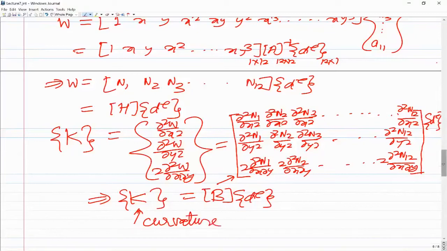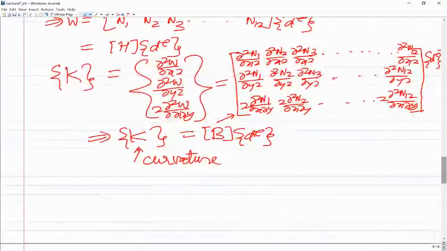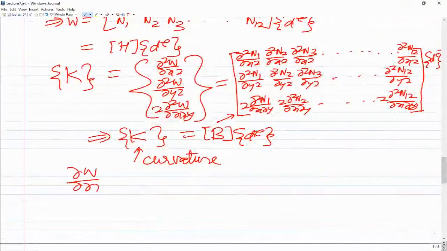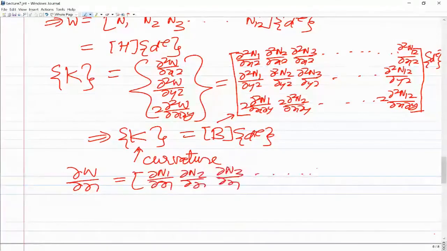We also need in the integral functional the derivative with respect to normal n. So we will have del W by del n, and the normal could be either x or y. In general, del W by del n would be nx into del by del x plus ny into del by del y. So del W by del n would similarly be equal to del N1 by del n, del N2 by del n, del N3 by del n, and so on, into de.